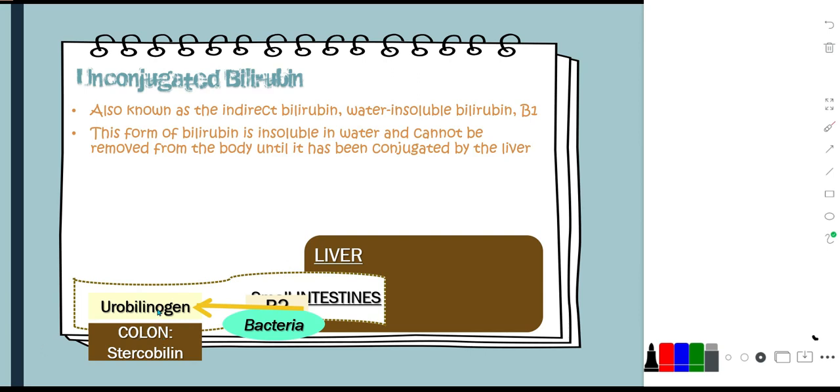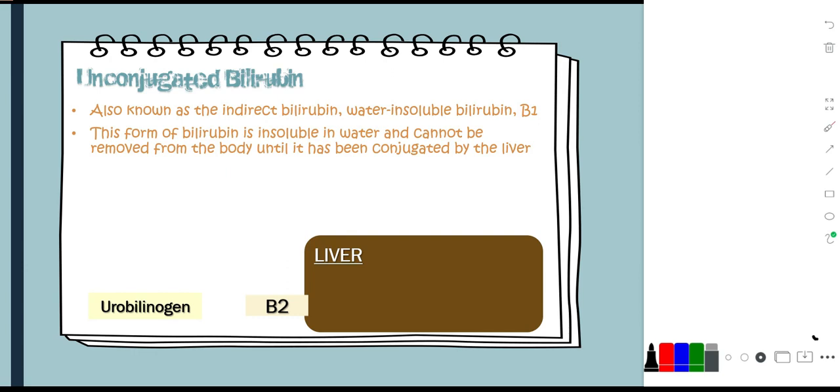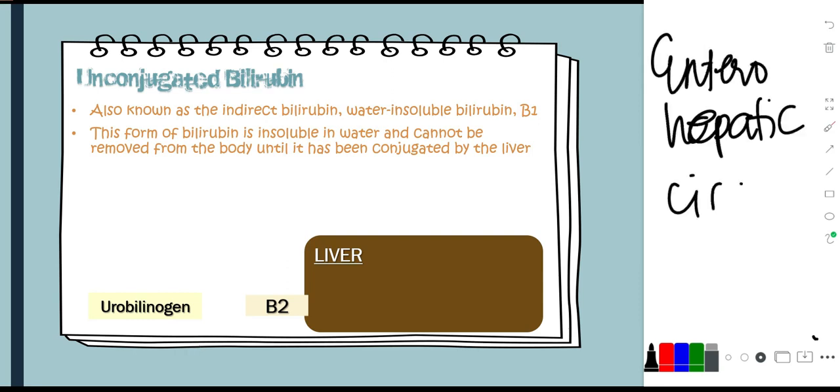Now, although most of this urobilinogen is further converted to stercobilin, remember guys that 20% of it, together with some B2, will actually re-enter the circulation through the enterohepatic circulation. Okay? So what happens is that urobilinogen and B2 will be delivered back again to the liver to be secreted.